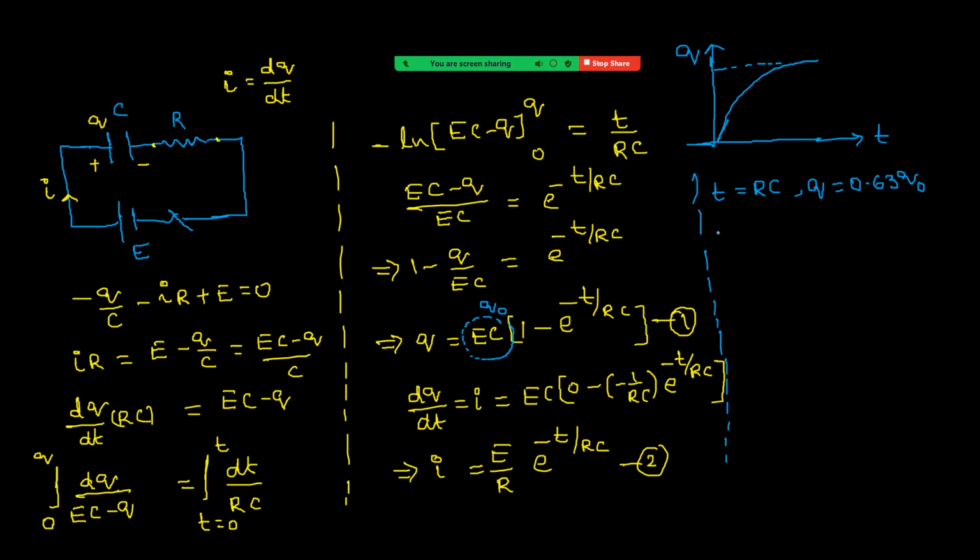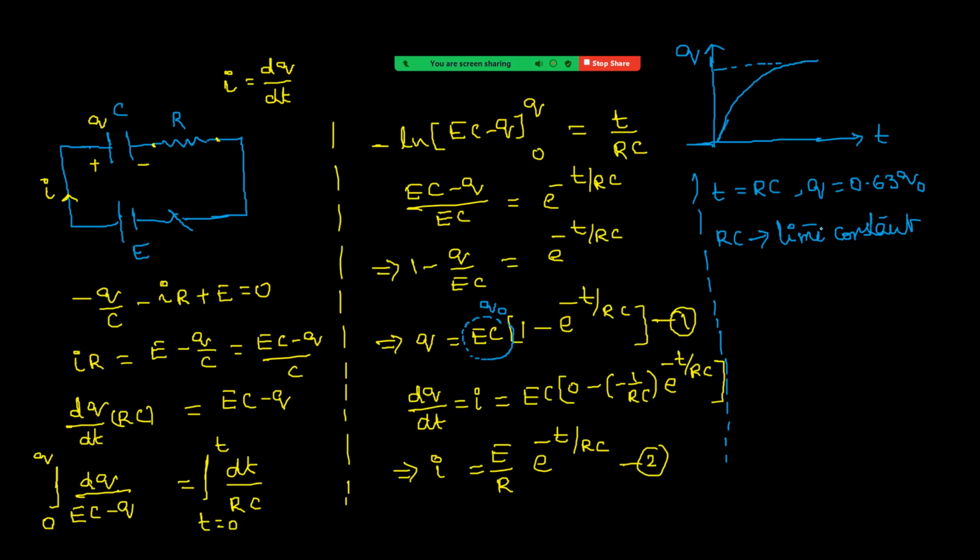And this RC is known as time constant, or you can say relaxation time, but we frequently use time constant. In one time constant, it will be charged by 63%.